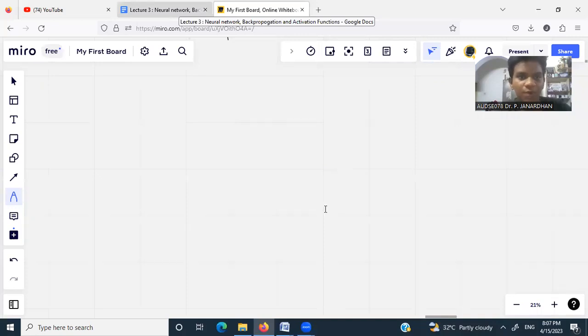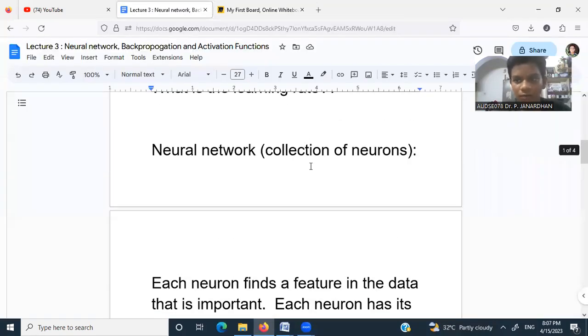For this problem, one neuron is not enough. That is why we call them deep neural networks. Deep neural networks means building deeper and better models that can detect more complex features.